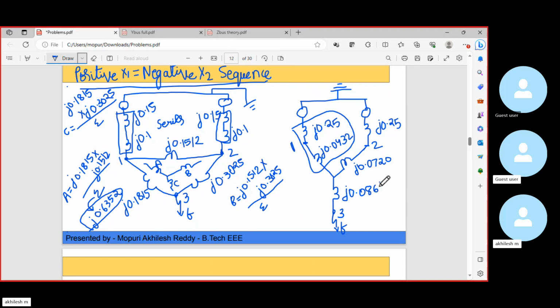Again, these two are in series, and these two are in series. Now let us draw the equivalent diagram of the series combination.